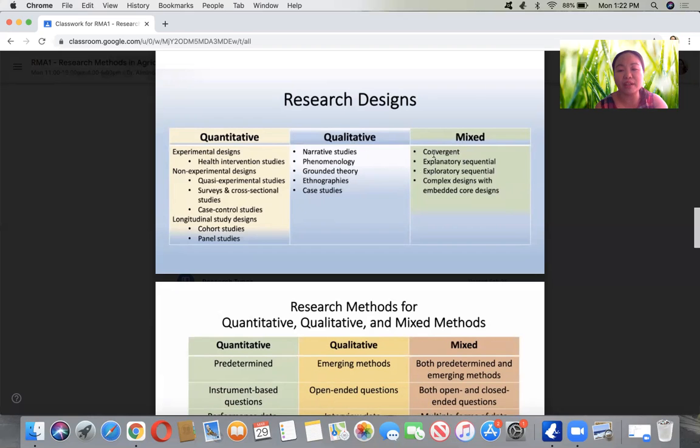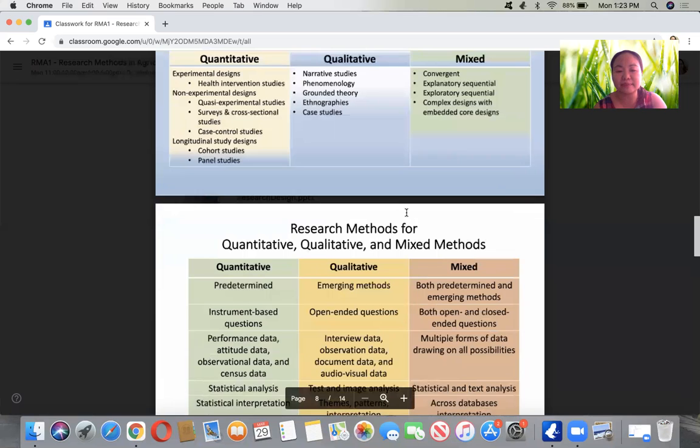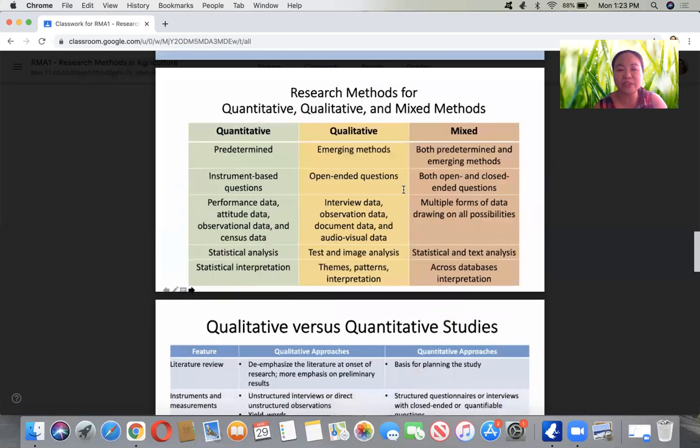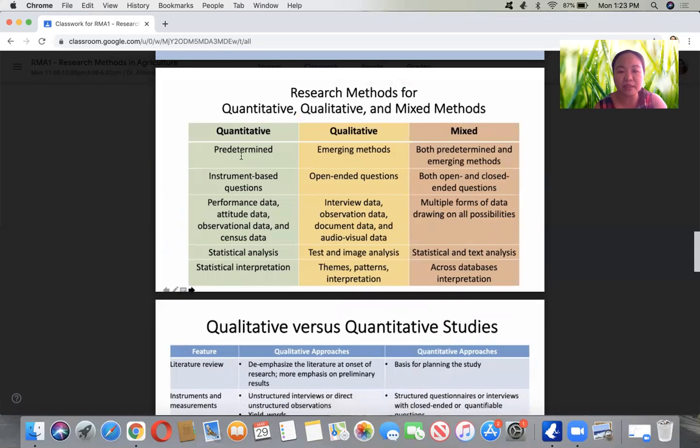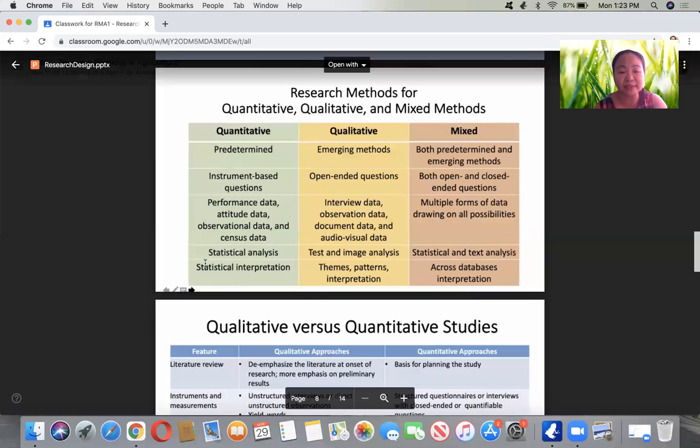And mixed, if they are convergent. So merong both qualitative and quantitative. So if they are convergent, explanatory sequential or exploratory sequential, and complex designs with embedded core designs. So the research methods for the three types, quantitative, qualitative, and mixed methods: for quantitative, we have predetermined and instrument-based questions, performance data, attitude data, observation data, and census data.